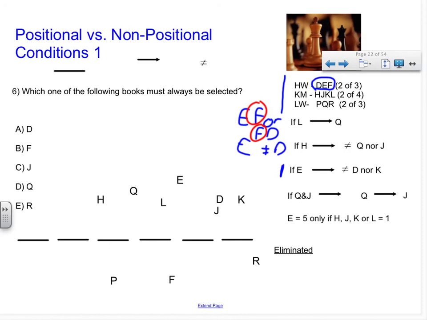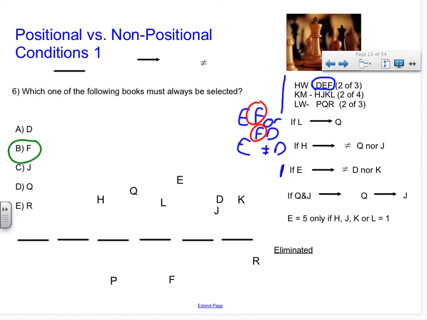So since we need 2 out of the 3 for HW, and since out of the 2 cases F is always selected, we can use this hidden premise knowledge to help answer our question. I do see for 6 that B is the correct answer.